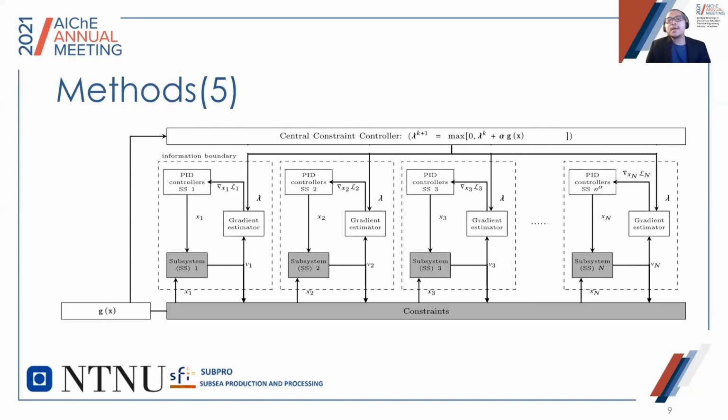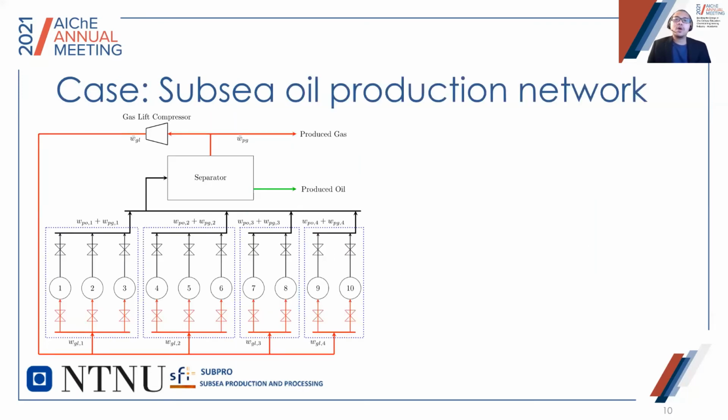Then we use local or inner controllers to control this gradient to 0 by updating the decision variables xi, and apply this xi to the real process. As additional information, we assume that we can estimate the gradient in this framework by either a model-based or model-free approach. Now let's talk about the case study.